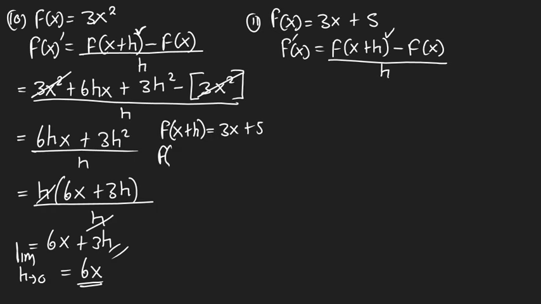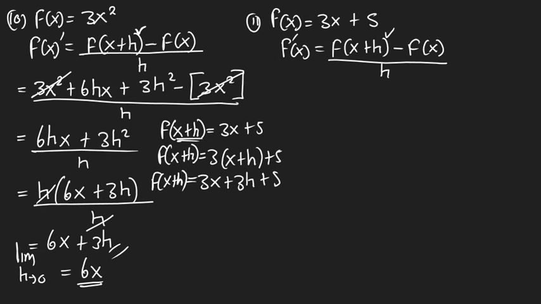That implies that f of x plus h, where there is x, you replace with this, and then you're going to have 3x plus 3h plus 5. That is what you are going to have as your f of x plus h. Now we can find our f of x. Our f of x was simply 3x plus 5.